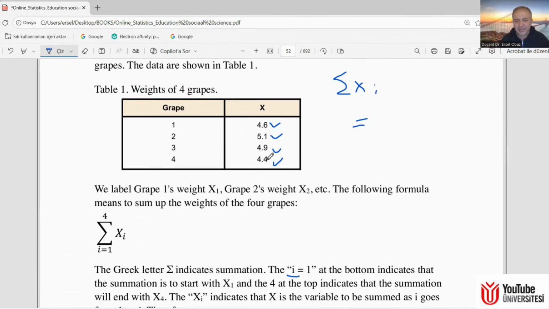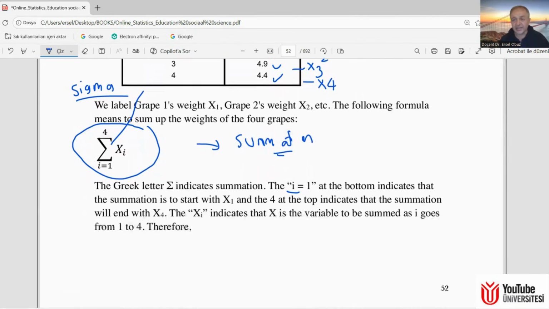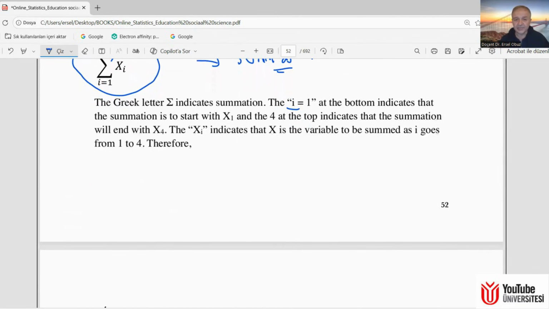So xi means this is x1, this is x2, x3, and x4. When I add these 4 values up, it is called the summation. It's another Greek letter called sigma. In statistics, you should be very good at understanding the Greek letters.